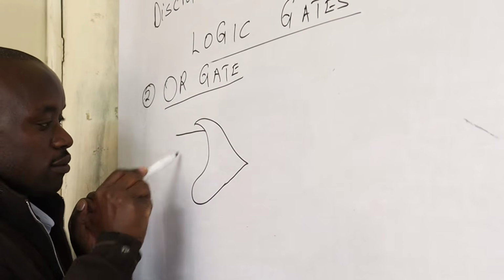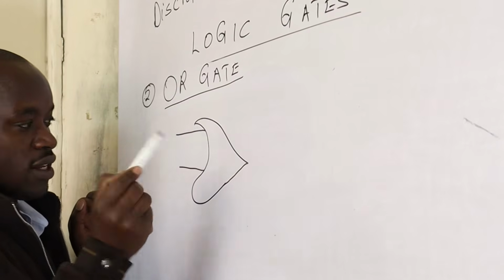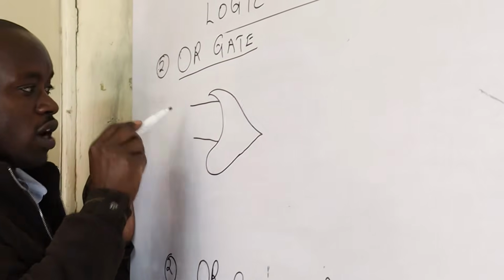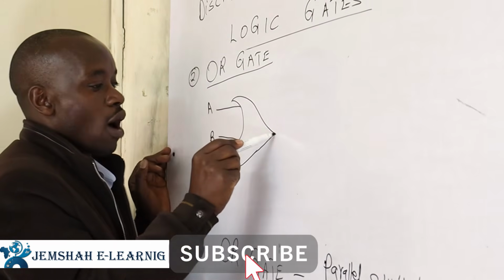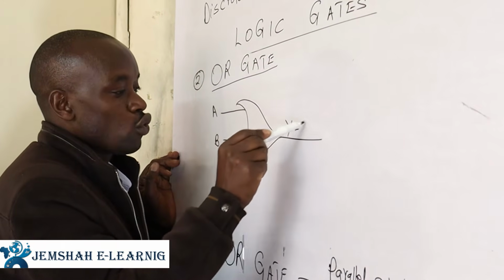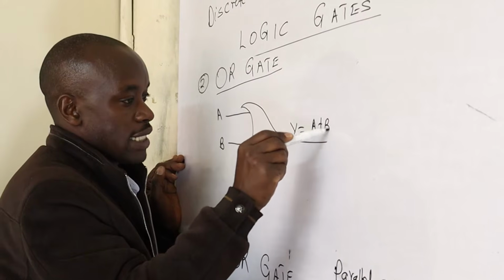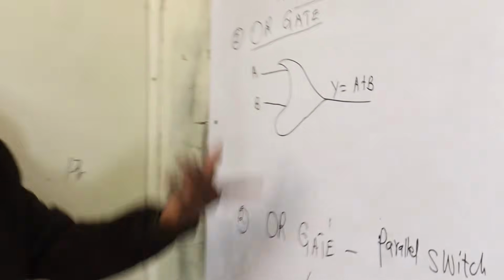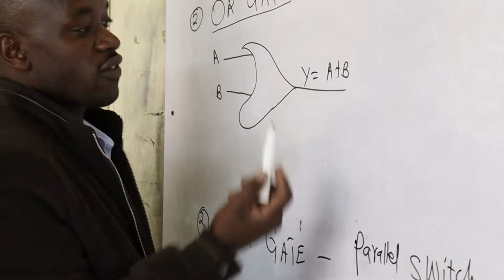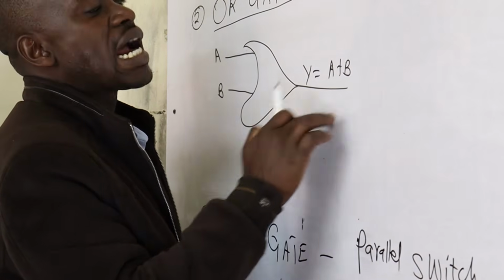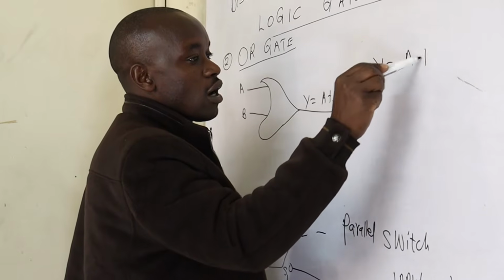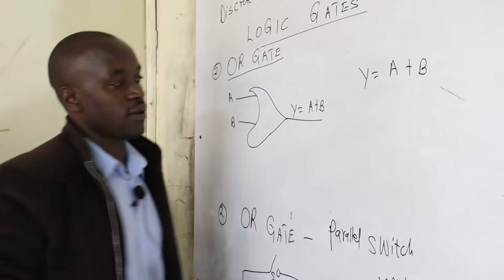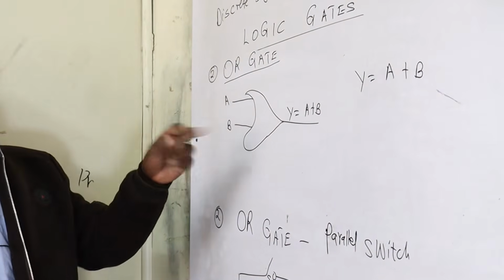Remember I said it's only the NOT gate which takes only one input. So we have A and B. Then our output Y is equal to A plus B. This expression, later we shall see, we call the Boolean expression, which means Y is equal to A plus B. So that's the expression for the OR gate.